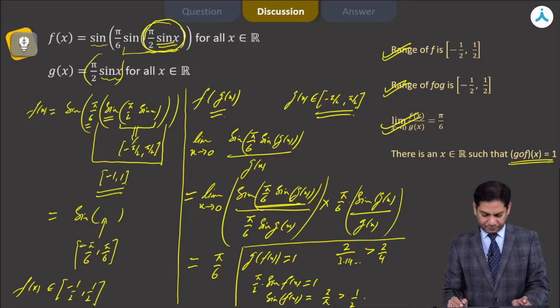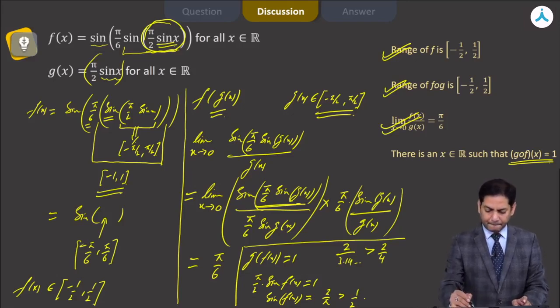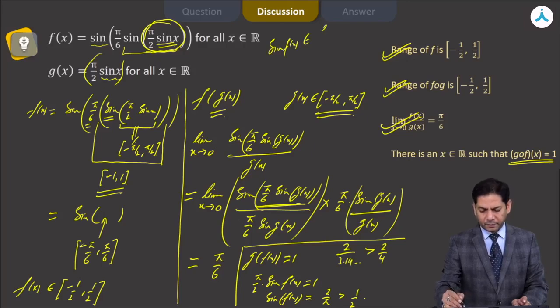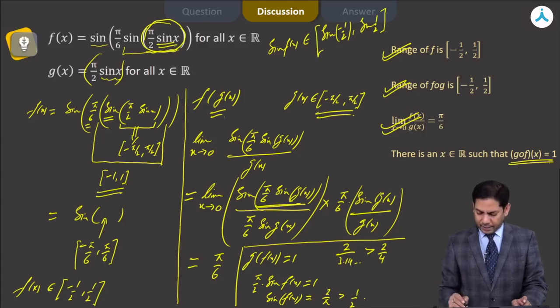So we will be getting sine f of x belonging to sine of minus 1 by 2 to sine of 1 by 2 only. And here we need it to be something greater than 1 by 2.